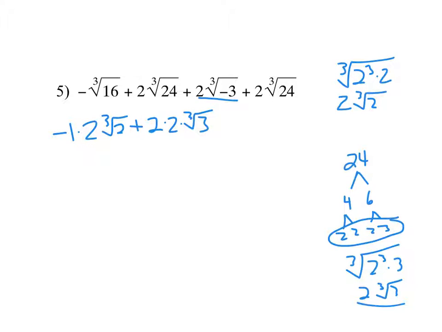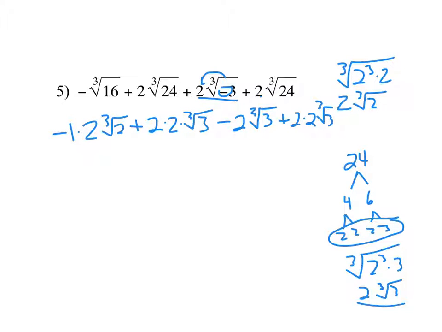Now, this guy here doesn't break down at all. But because this is a negative, I'm going to take the negative and put him outside. So it's going to be, instead of positive 2, it's going to be minus 2 times the cube root of 3. And then I just broke down 24, so that's going to be plus the 2 out front right there, times the 2 cube root of 3.